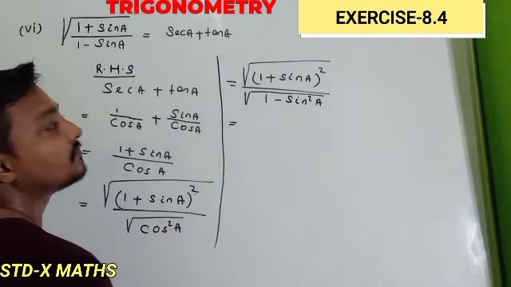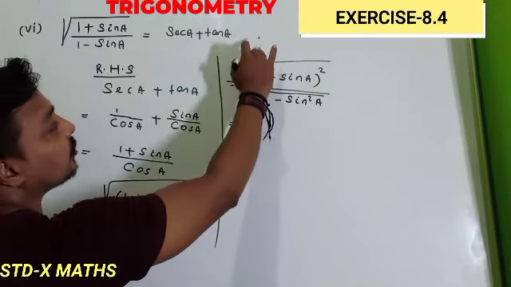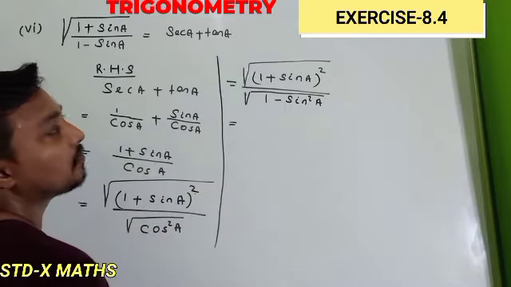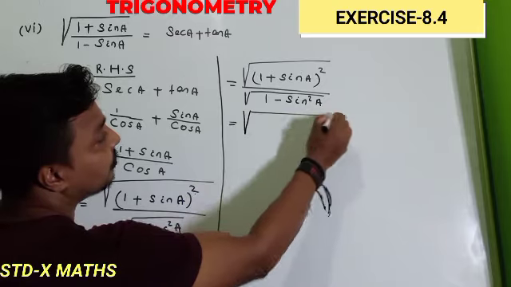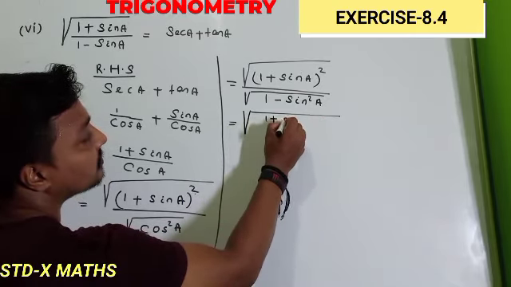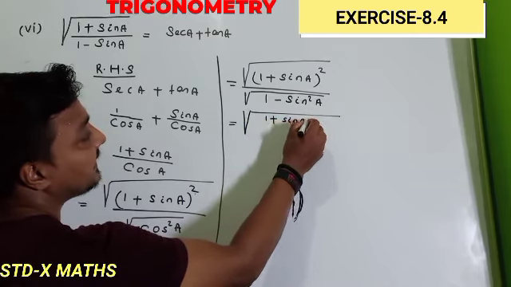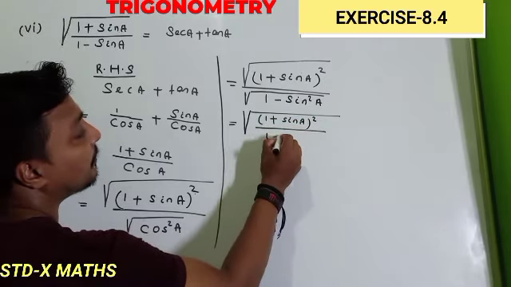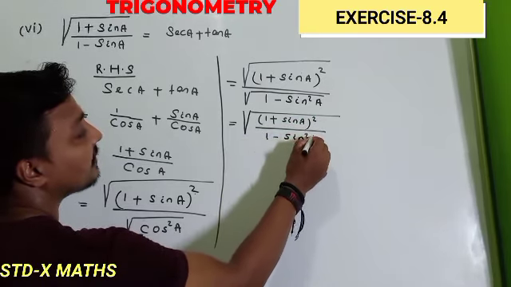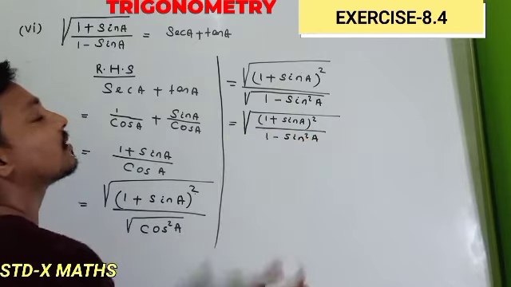Numerator under root divided by denominator under root. So together I can write it as the root of 1 plus sin A whole square divided by 1 minus sin square A. It is the root of the total.